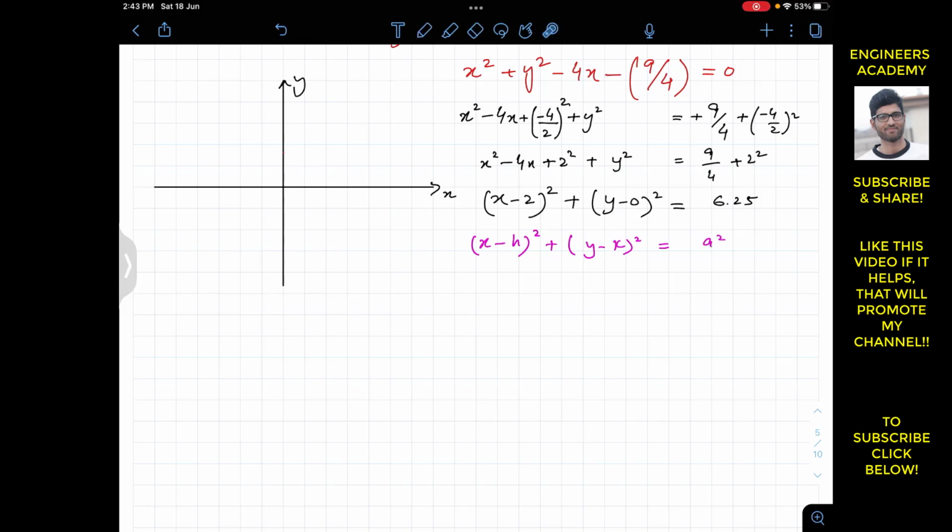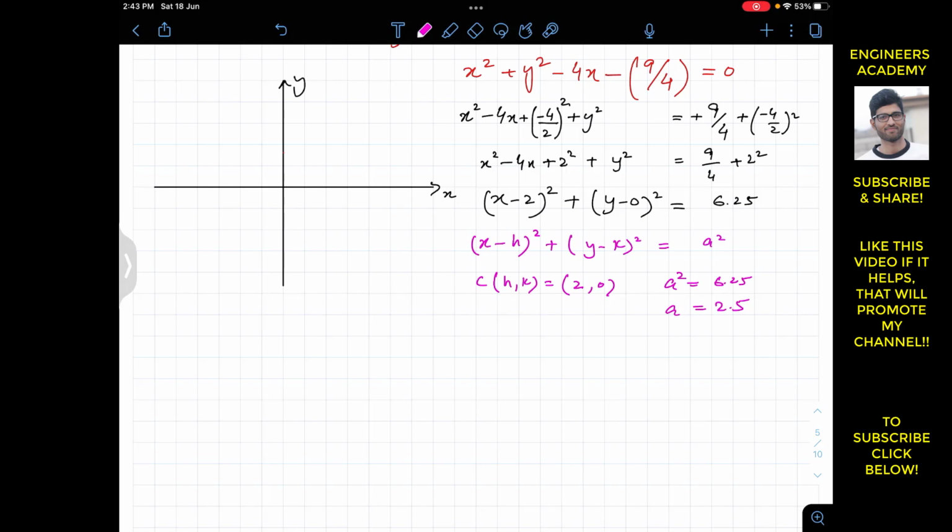So again h is equal to 2, k is equal to 0, and a square is equal to 6.25. So the center is h, k, which is 2, 0, and a square is equal to 6.25, and if we take the square root on both sides, we will get the radius equals 2.5. So the radius is equal to 2.5.